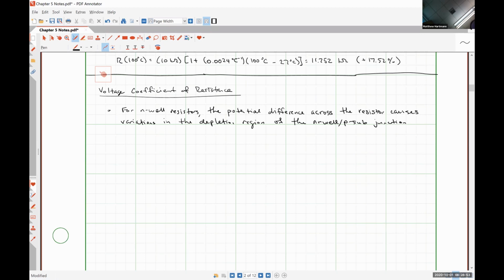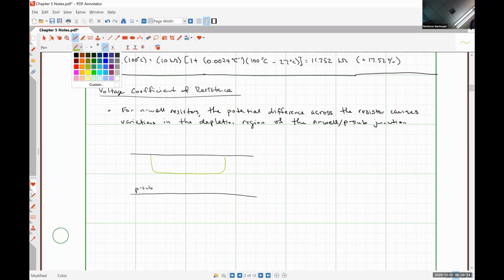So we have our top and bottom surface of our P-sub. We have our N-well in green, and so let's see. If we apply, let's start there.